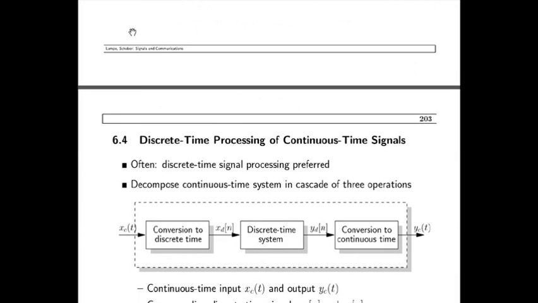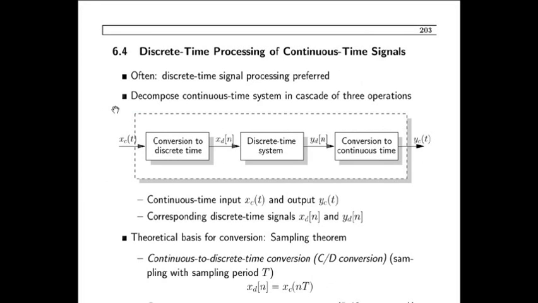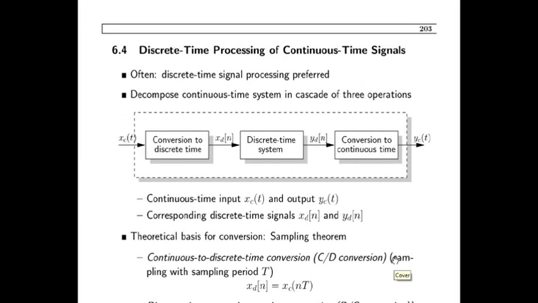So now let's see the discrete time processing of continuous time signals. This is the processing we are going to do because the processing of discrete time signals is preferred compared to continuous time signals.